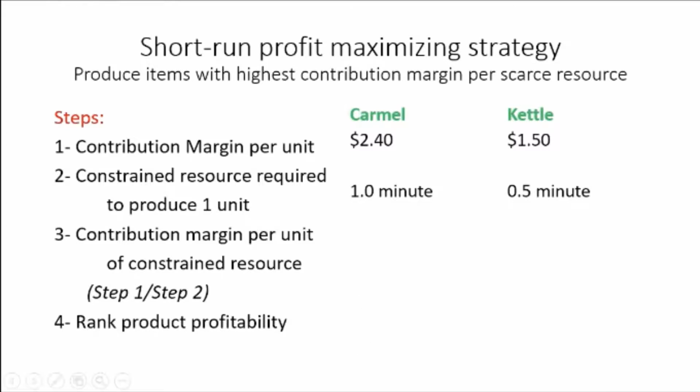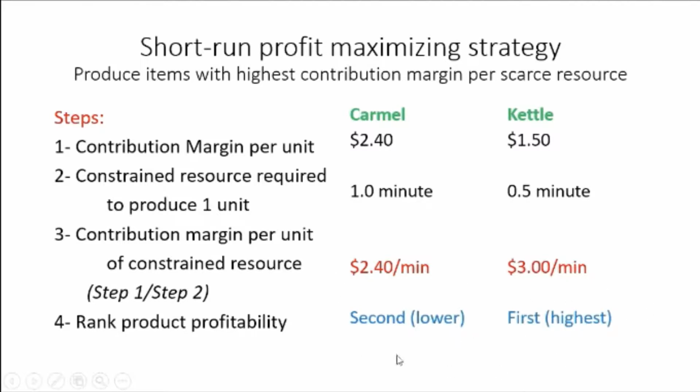So we see that the contribution margin per unit of constrained resource is $2.40 for caramel corn and $3 for the kettle corn, because the kettle corn they can produce in 1 minute of time, they can produce and sell 2 bags. So what we see here then is that the highest priority is our kettle corn, and the second or lower priority is the caramel corn. Now if we had more than 2 products, we could rank them in descending order.